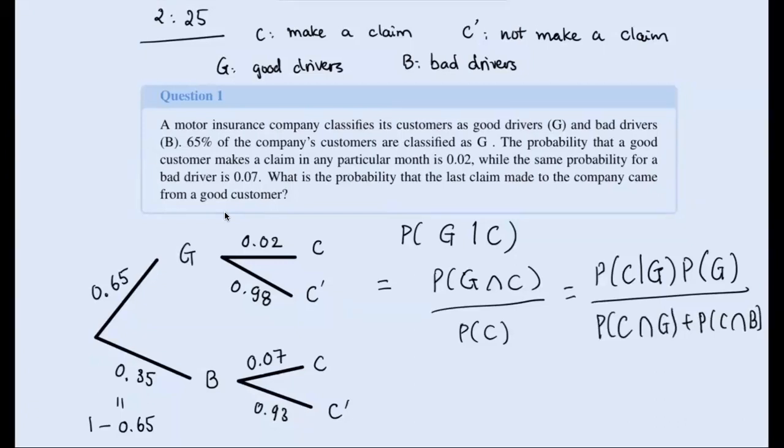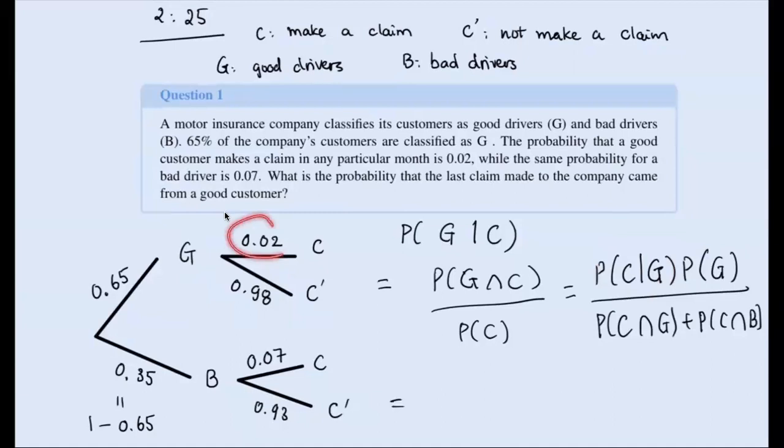Because the insurance company classifies its customers into two categories, there is no other category they can belong to. The numerator, the probability that the customer makes a claim given they are a good customer, is this number, 0.02. The probability that someone is a good customer is 0.65.